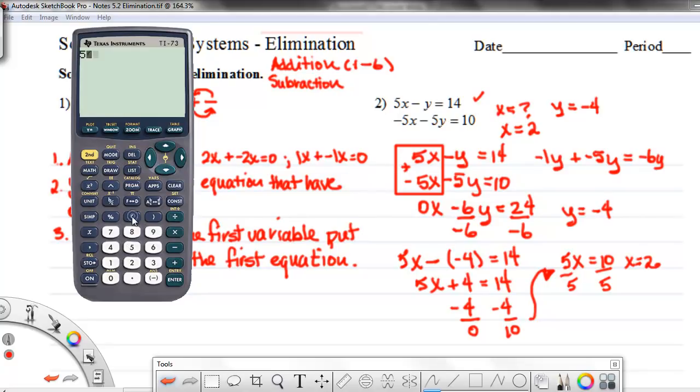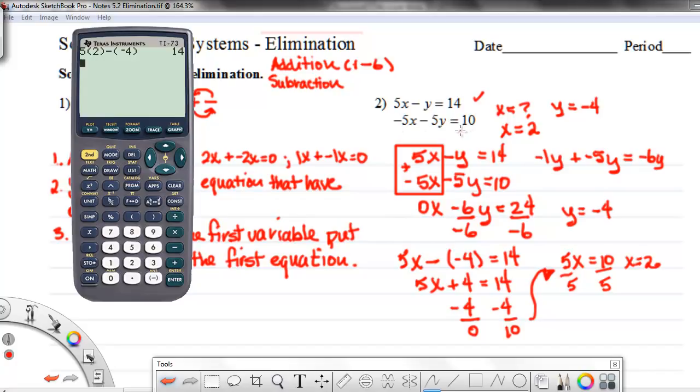So I have 5 times 2, subtract, and now in parentheses I'll put the negative 4, and then when I hit equals, it better be 14. If it's 14, I've got the right answer. This means it works on the first equation, so that one's good.